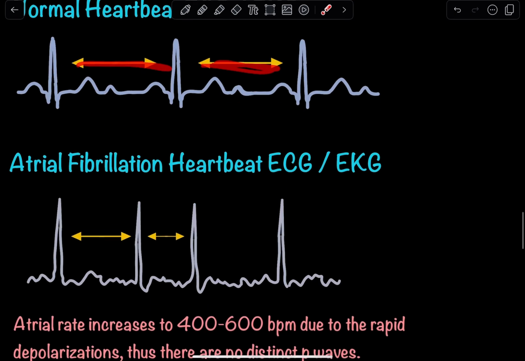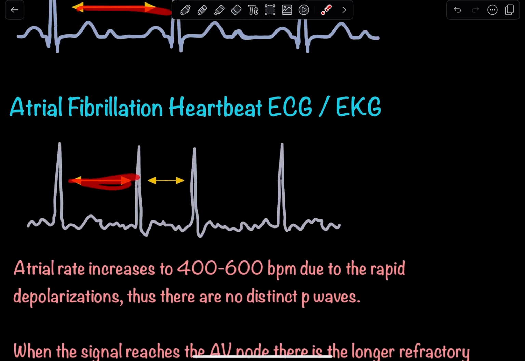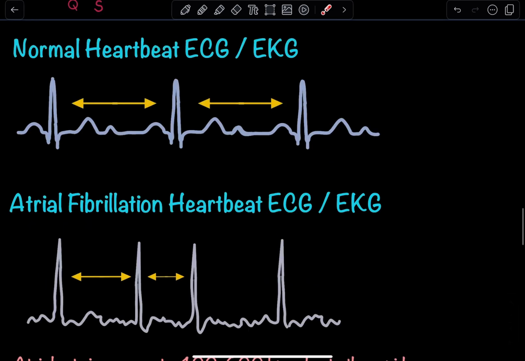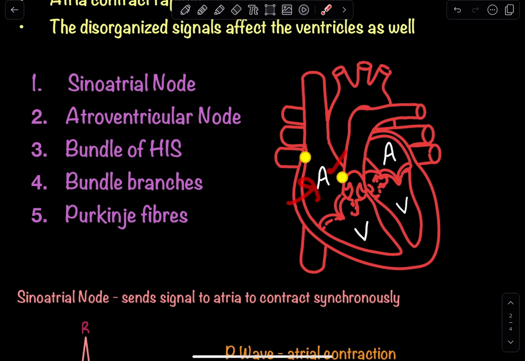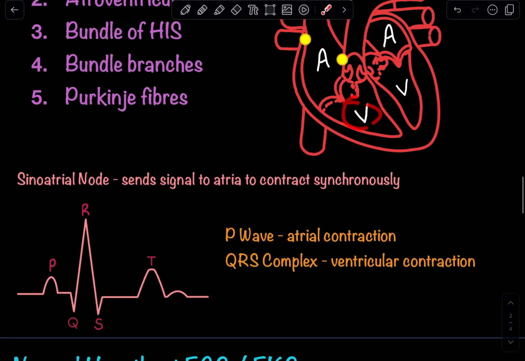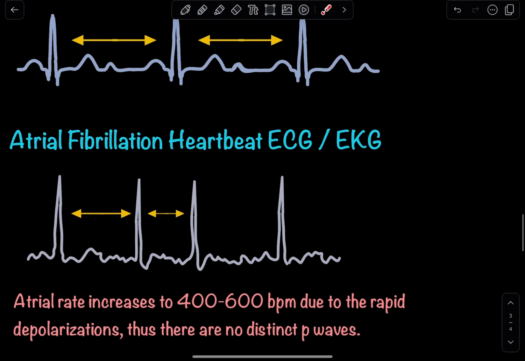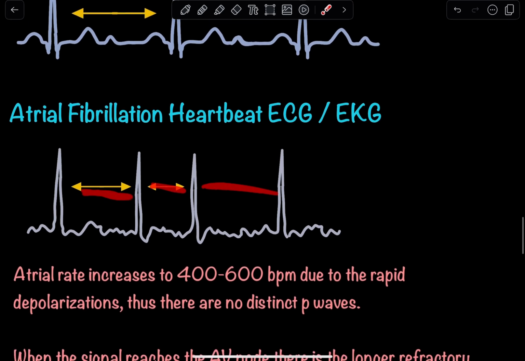But if we compare it to atrial fibrillation, we can see that it is irregularly spaced. Because remember, we have these rapid randomized signals coming in. Eventually, they reach the AV node. There is that delay period before it reaches the ventricle, and it causes the ventricle to also contract in an irregular manner, causing these irregularly spaced QRS complexes.